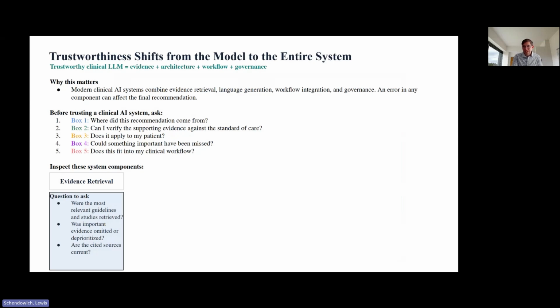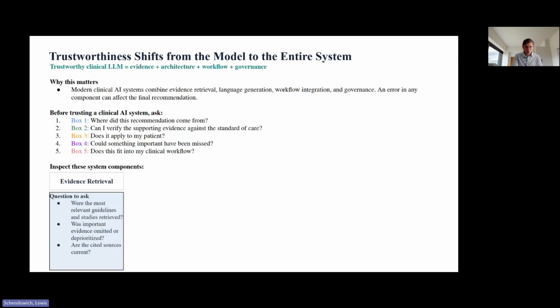So this gap between how systems might be used and how responsibility is assigned leads to the practical question, what should physicians evaluate before trusting it? The answer is to assess the entire clinical AI system, not just one specific component, or not just the LLM.